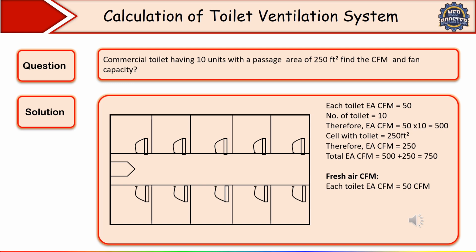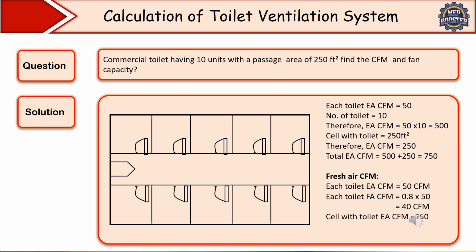So how to calculate? 70-80% of this 50 CFM, you will get finally 40 CFM. It means for each and every toilet we have to supply 40 CFM fresh air, to improve the indoor air quality.